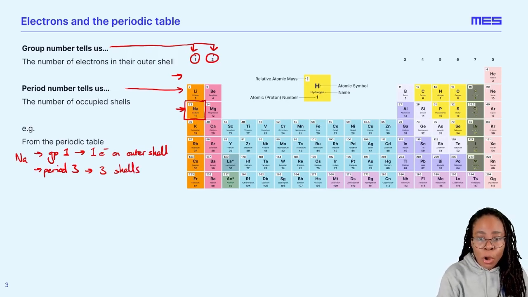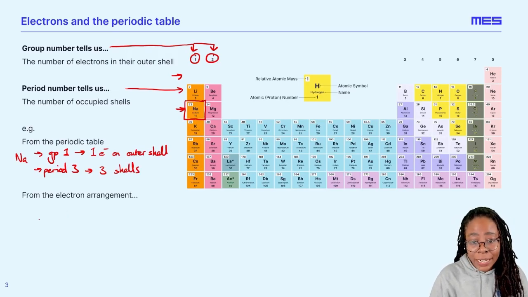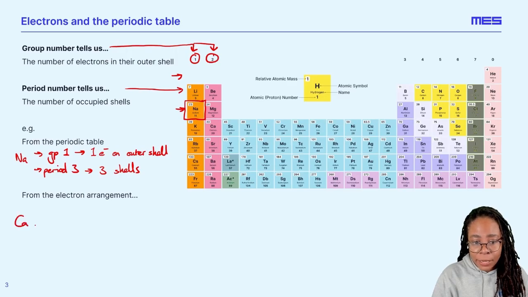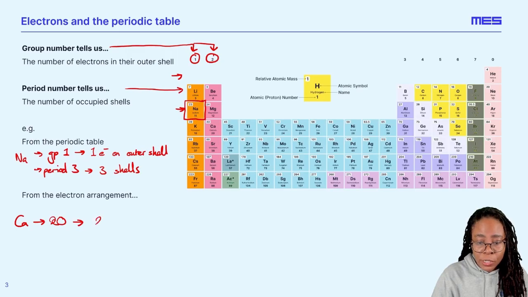Now we can also go the other way. So if we're starting with the electron arrangement, let's say we have calcium, and we know that calcium has an atomic number of 20, which means that its electron configuration is going to be 2, 8, 8, 2.